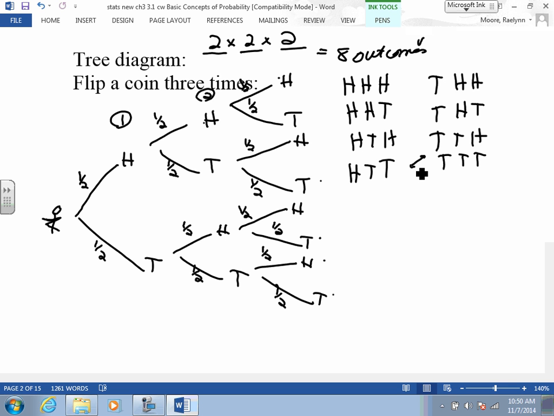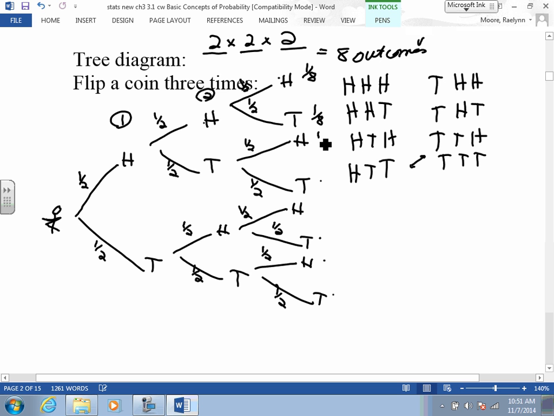Now, in your tree, because we put your probabilities here, you're going to multiply these probabilities. Watch. 1/2 times 1/2 times 1/2 is what? 1/8. Aren't these all equal chances of happening?